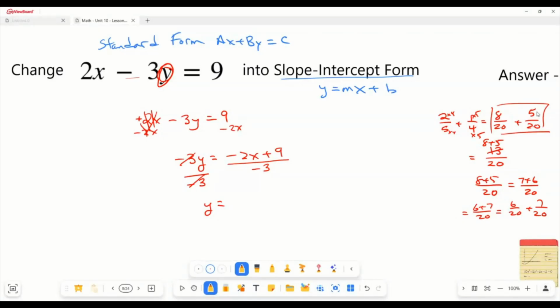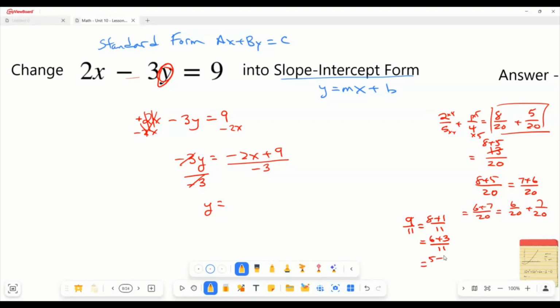Because if 8/20 plus 5/20 is 13/20, then 13/20 is 8/20 plus 5/20. Or it is 6/20 plus 7/20. 9/11 is 8 plus 1/11. Or it is what? 6 plus 3/11.